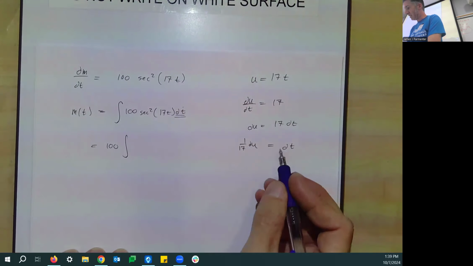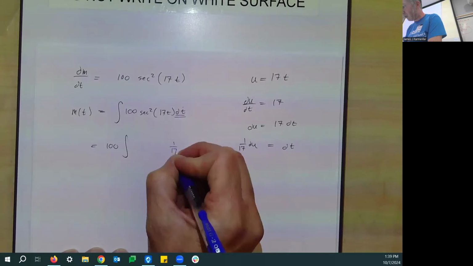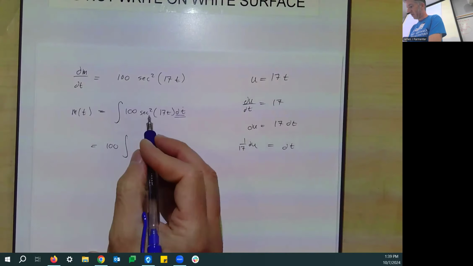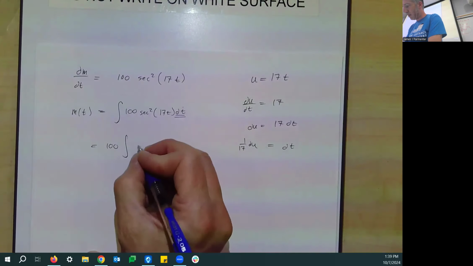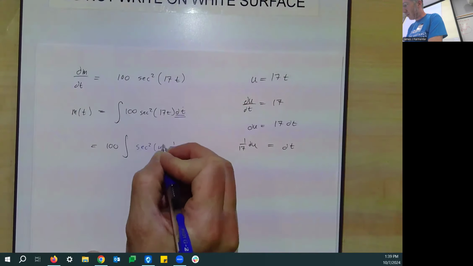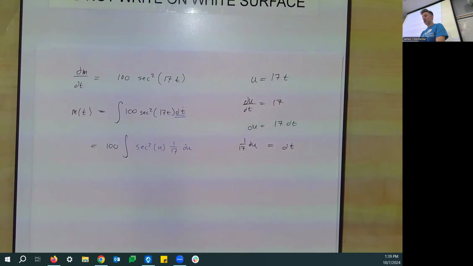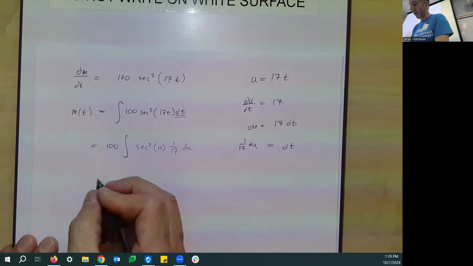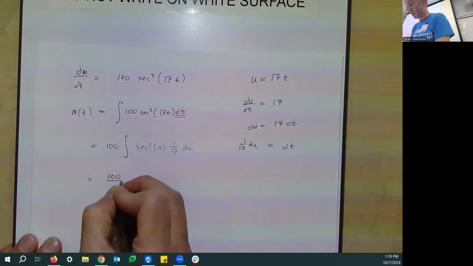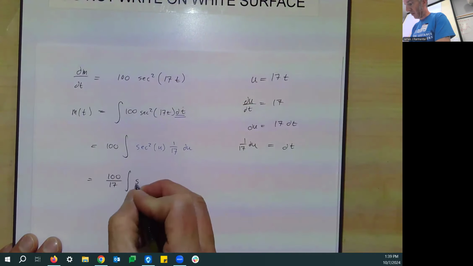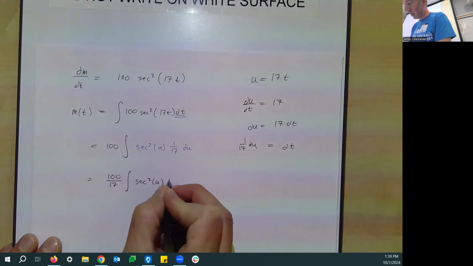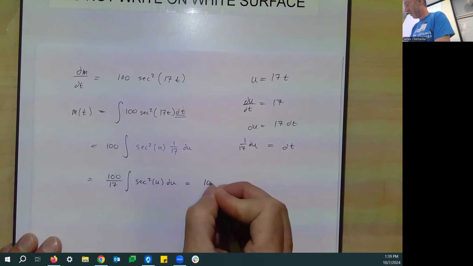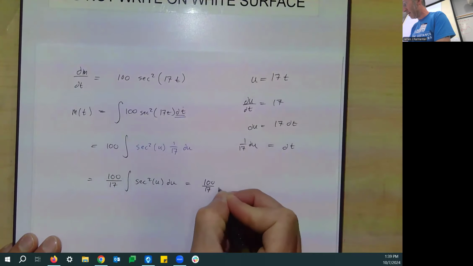So dt is equal to 1/17 du. And then 100 secant squared of 17t is 100 secant squared of u. I would personally choose to rewrite it again as 100 over 17 times the antiderivative of secant squared of u du.